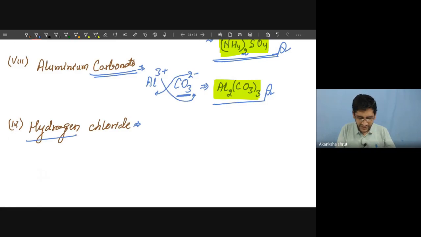Hydrogen I shall write, chlorine I shall write. Now, students, for hydrogen, I can have H plus or H minus. These are the two possibilities. But here hydrogen is given, not hydride is given. Okay? So I shall take H plus only. So write H plus. Chloride, ion is negative, Cl minus.